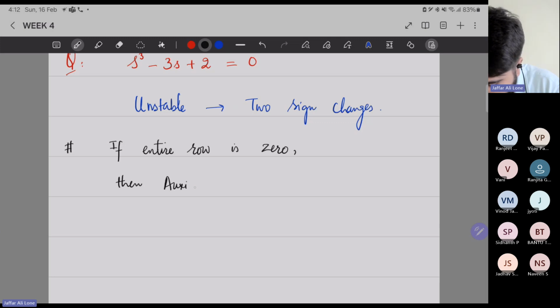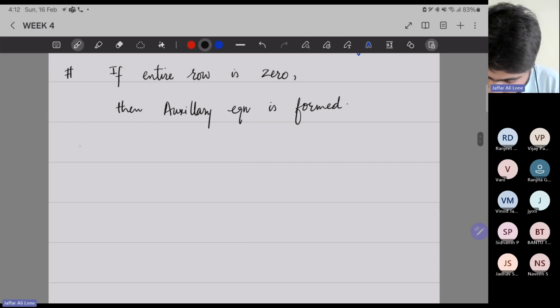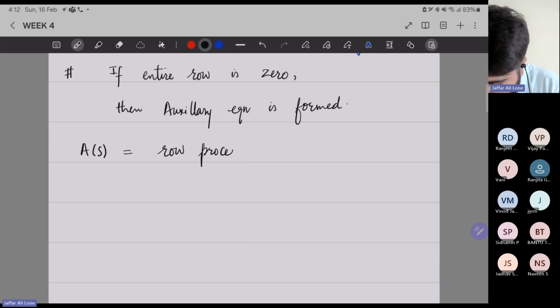the auxiliary equation is formed. I'll tell you in detail what this auxiliary equation is. This auxiliary equation A(s) is formed by making use of the row preceding the row of zeros.